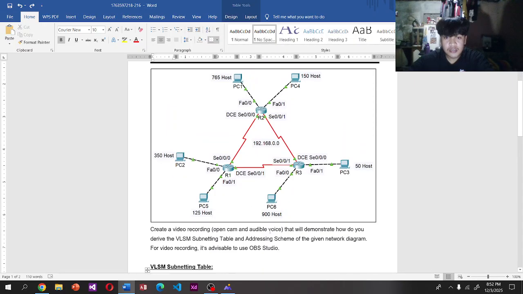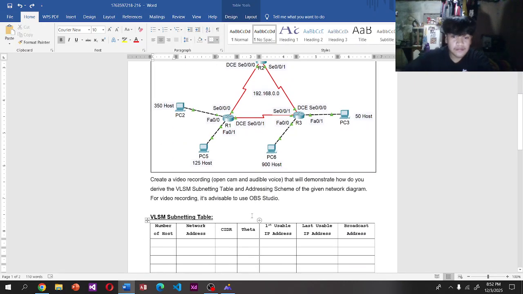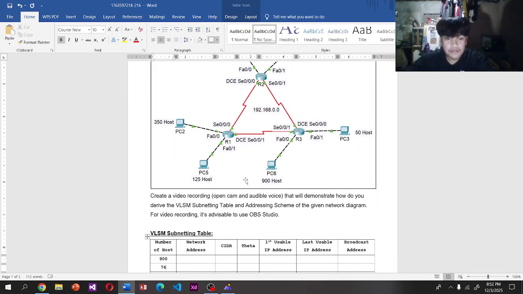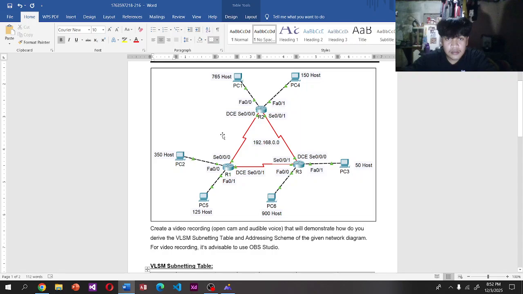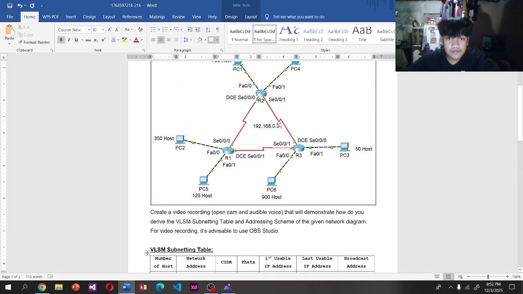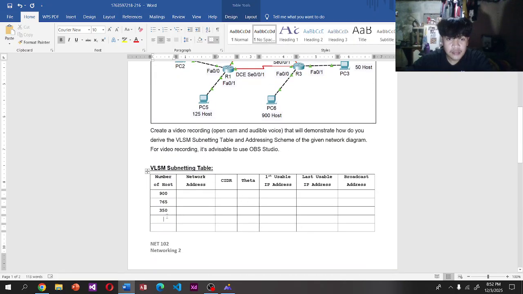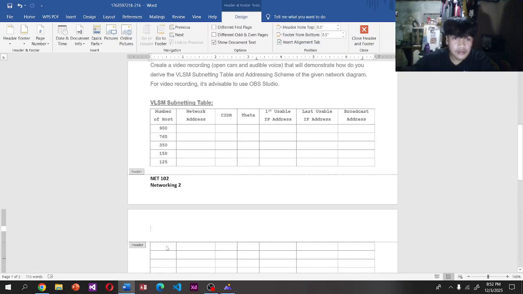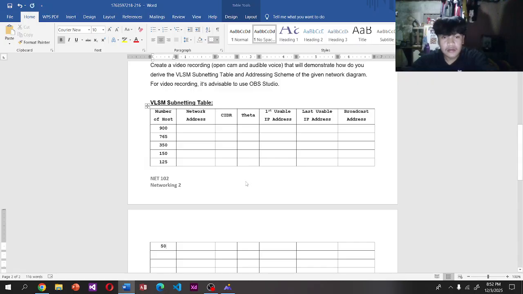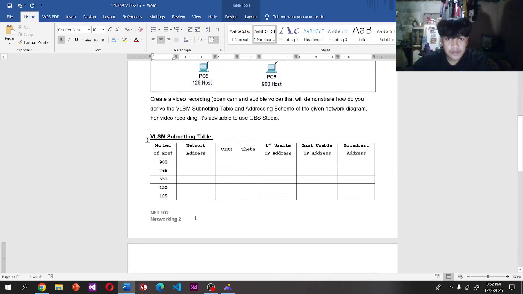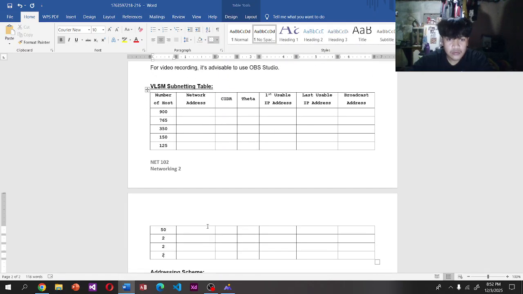As you can see here, the largest is 900, then 765, 350, 150, 125, and 50. And for the routers, since there are two connected, we have 2 and 2.